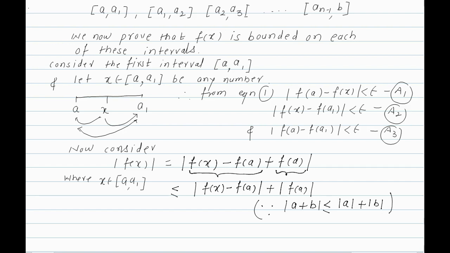Now first term, mod of f of x minus f of a, from equation a1 is less than epsilon, and second term mod f of a we keep as it is.